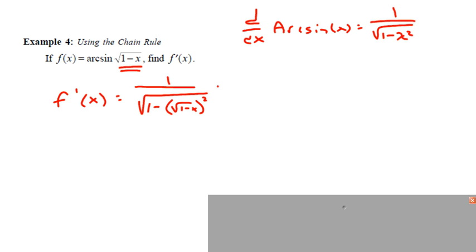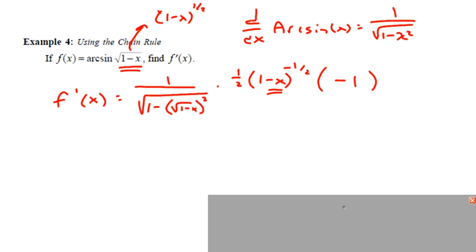Well, if we re-express this as 1 minus x to the 1/2, then we get 1/2 times 1 minus x to the negative 1/2 times the derivative of the inside, which is -1.